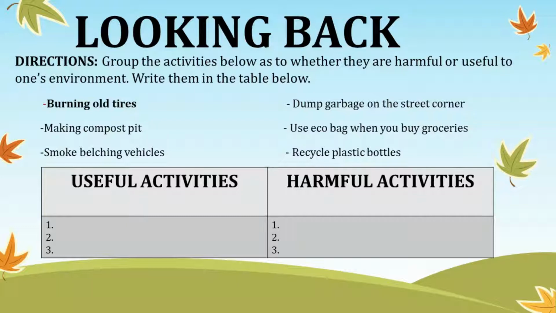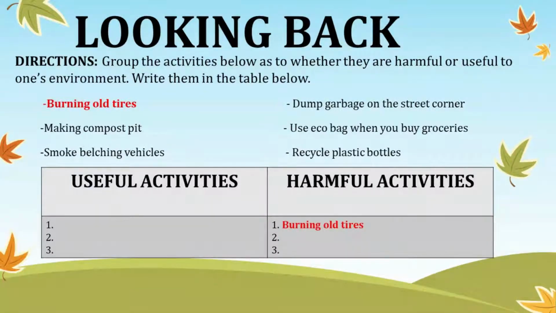Is it useful or harmful? Very good. It is harmful to our environment. So you are going to write it in the column of harmful activities. Do you know now how to answer the Looking Back?